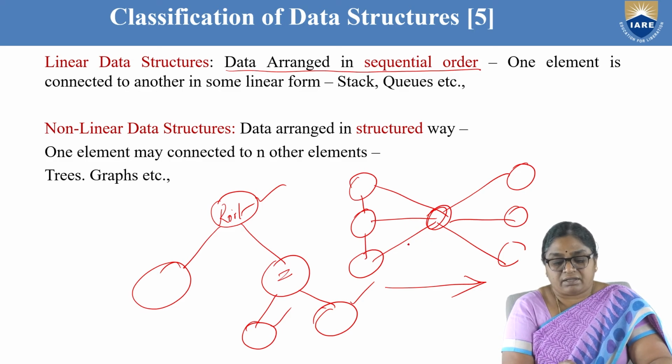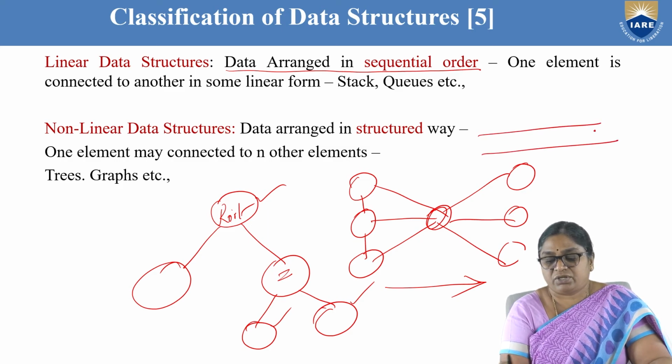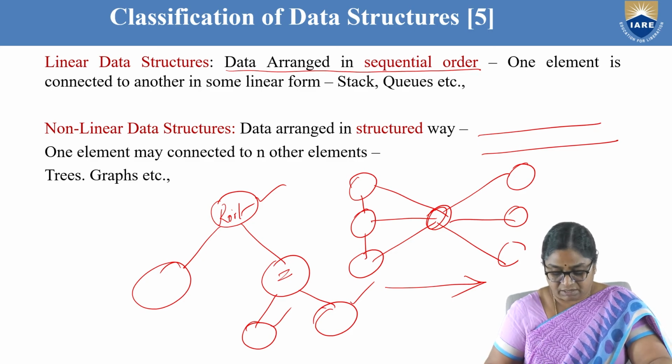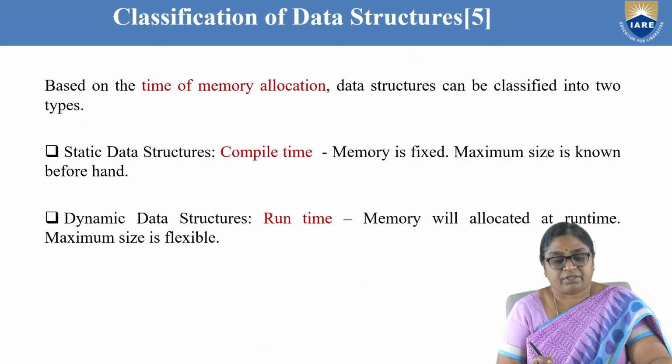But the data is arranged in some structured way instead of following the sequential pattern. So these are nonlinear data structures. Examples for nonlinear data structures are trees and graphs.